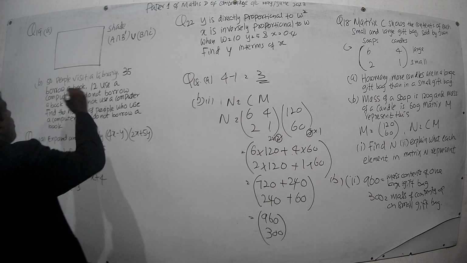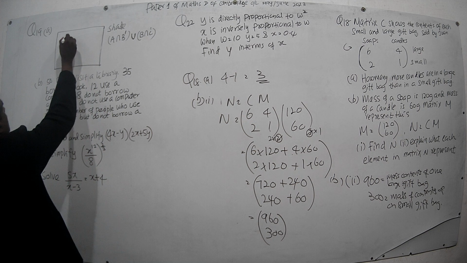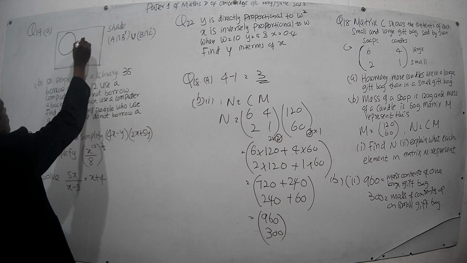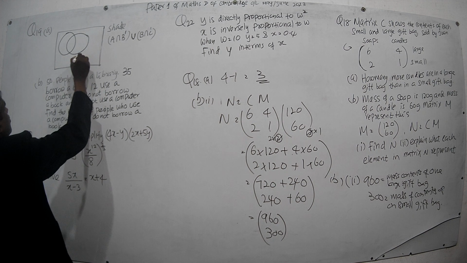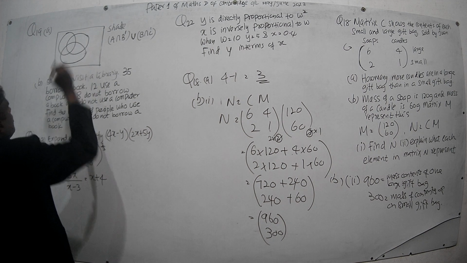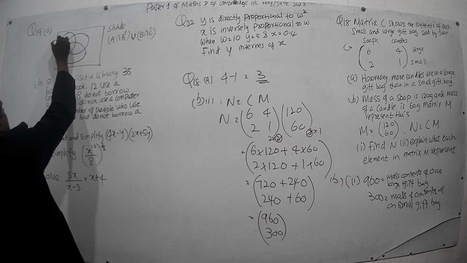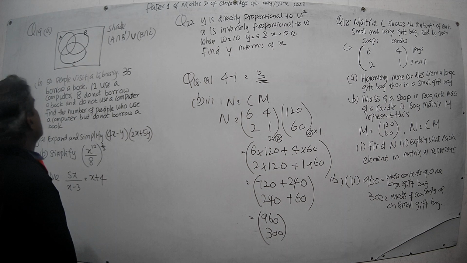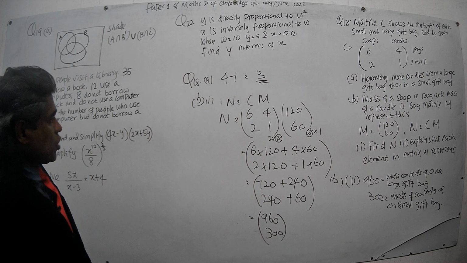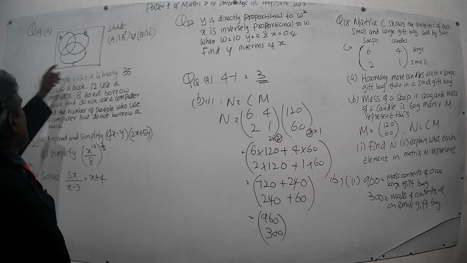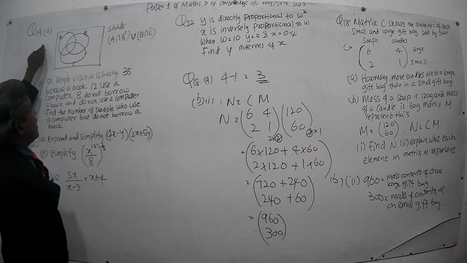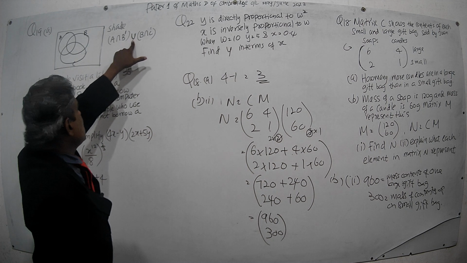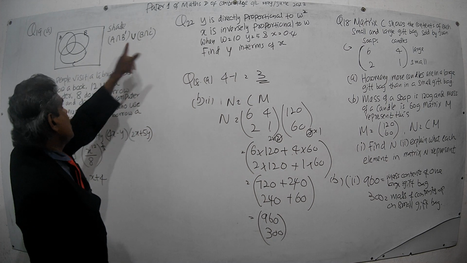Now here we get, all right, this is A, B, C. Now we are to shade. We have to shade this question 19a. We have to shade A intersection B dash union B intersection C dash.